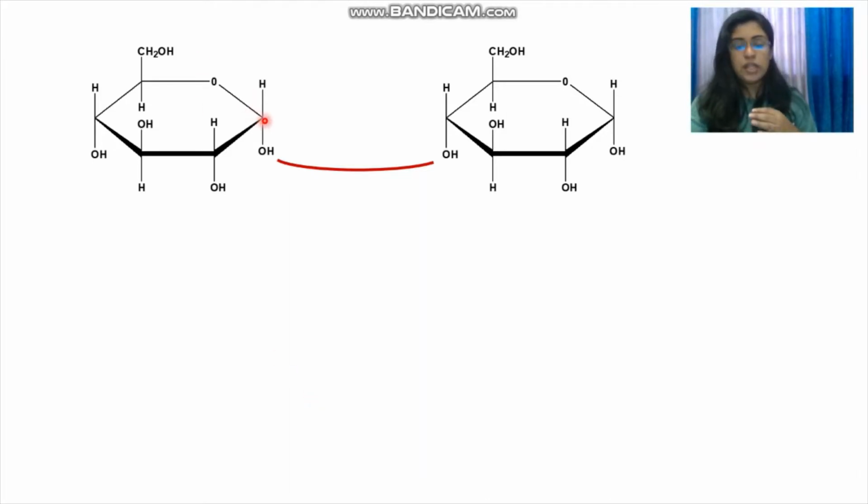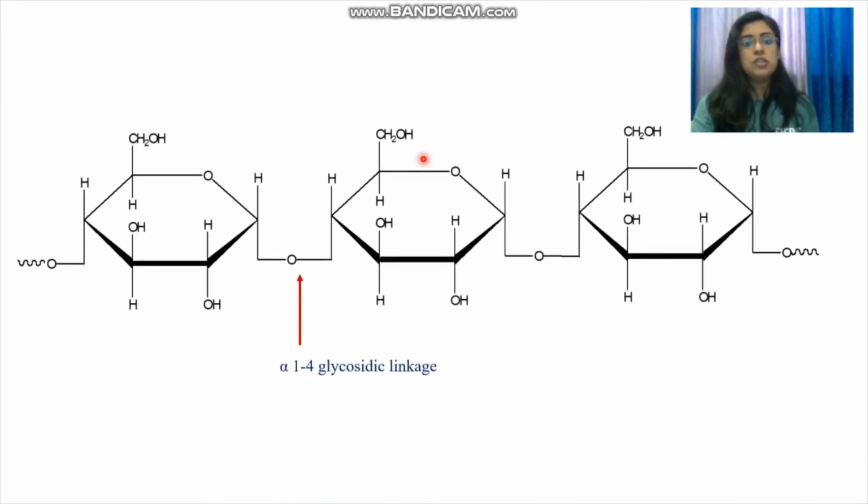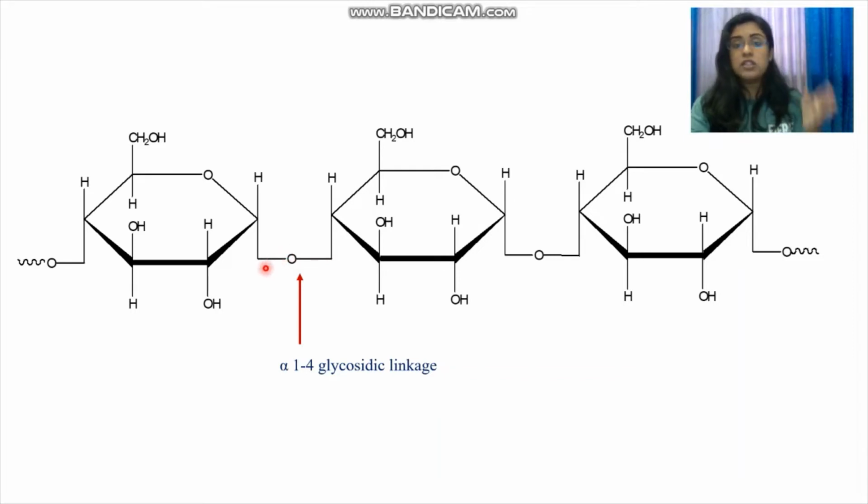That is between this group of this carbon and this group of the fourth carbon of the second glucose unit. A linkage happens at this position, and what do we get? The product is the amylose part of starch, and that is something like this. Between the first carbon and the fourth carbon of the next, a linkage was formed. They were individual OH groups.